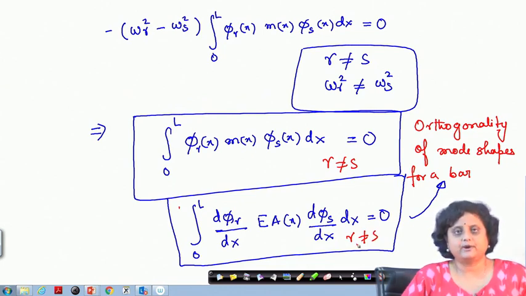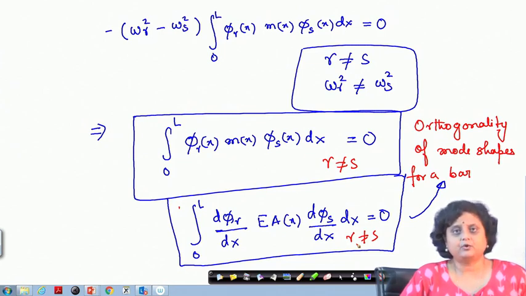So, these two expressions can be used, first, to see whether we have derived the mode shapes correctly. Second, they can also be very useful when we are doing modal analysis to find out the response of a continuous system, similar to the way we used orthogonality of mode shapes in a multi-degree of freedom system to solve the equations using modal analysis.